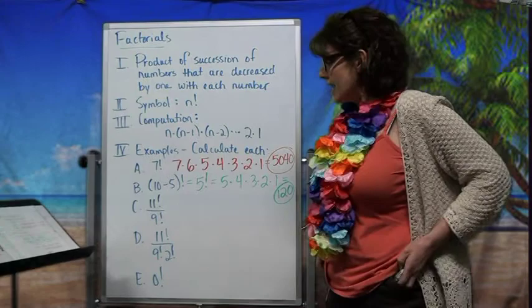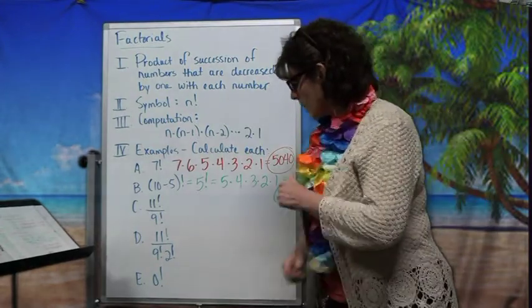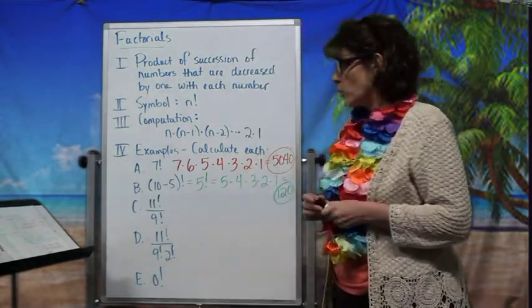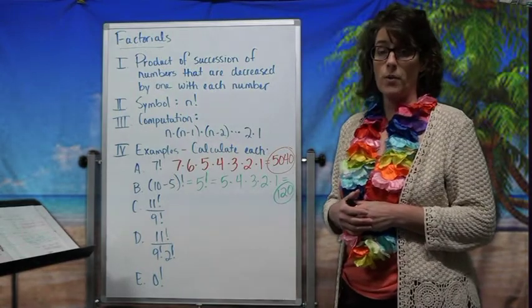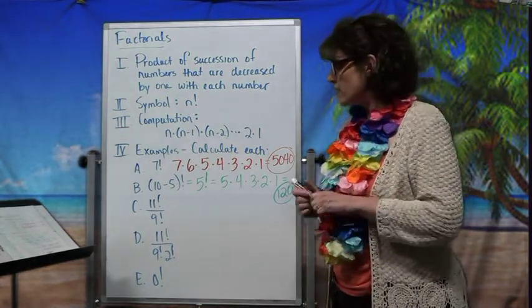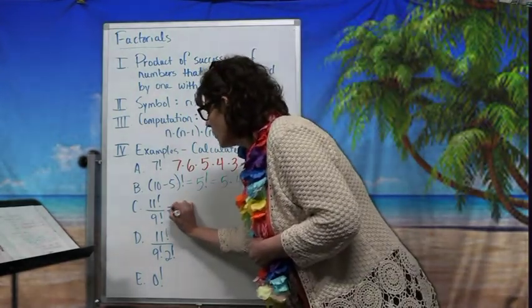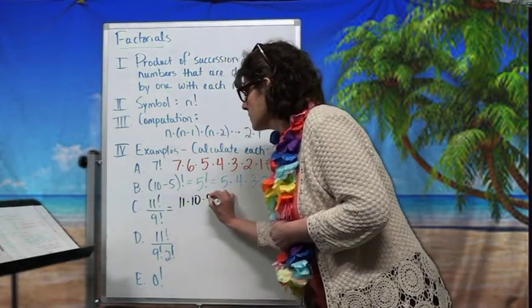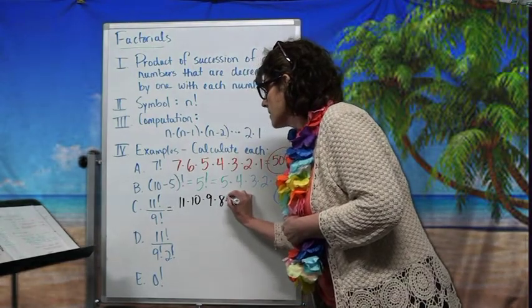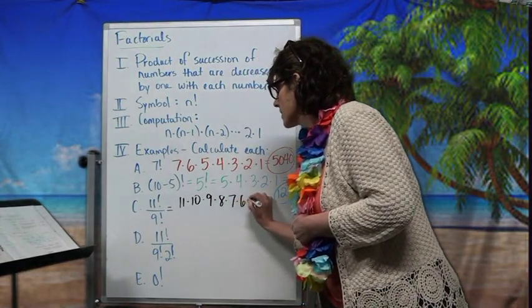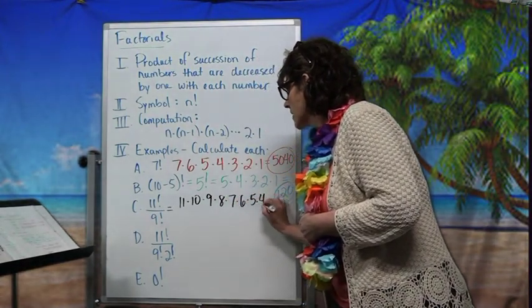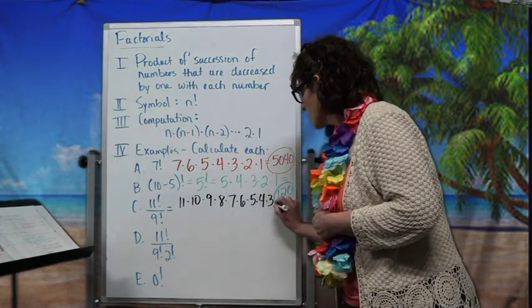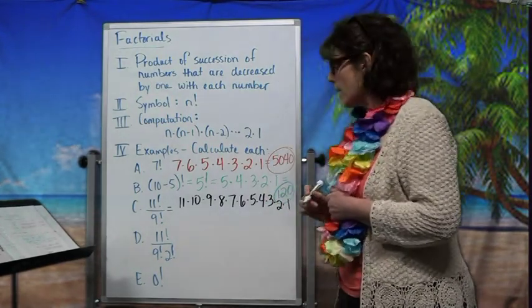If you take a look at the next example, it says that what I'm going to do is 11 factorial divided by 9 factorial. So what I have to do is 11 factorial up in the numerator, which means 11 times 10 times 9 times 8 times 7 times 6 times 5 times 4 times 3 times 2 times 1.